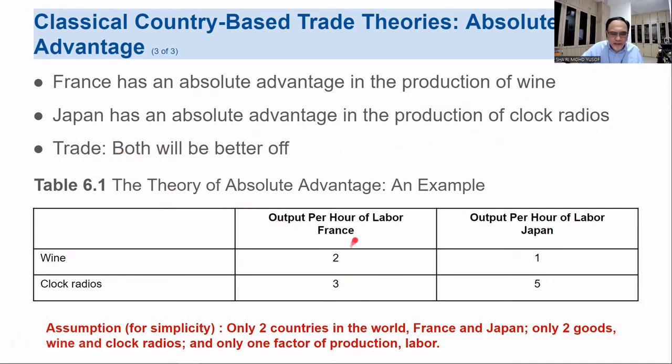If they trade with each other on these two products, both will be better off. So this is the theory of absolute advantage.